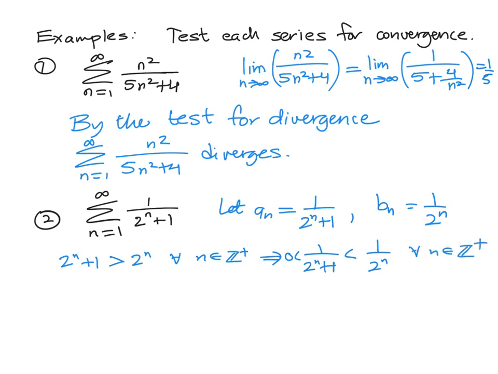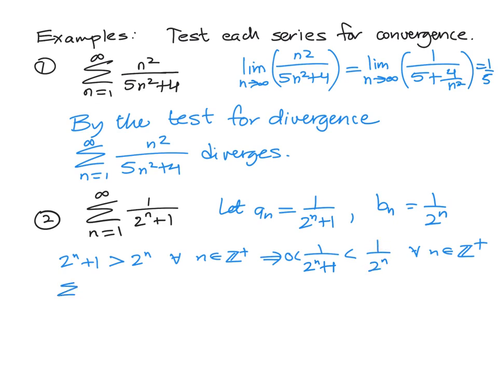So I've got a sequence of positive terms, and I found another sequence of positive terms that's larger than the sequence that I'm interested in. And now I'm going to take a look at the series involving these new terms that I created.